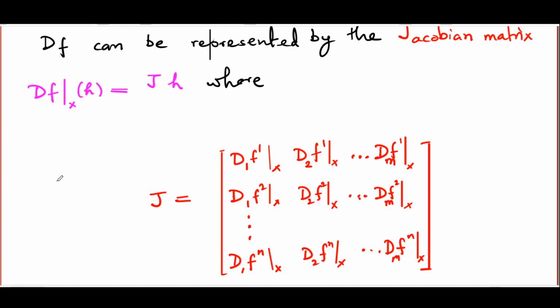Of course, you may be more familiar with the Jacobian matrix written in the form where the elements are del f1 del x1, then del f1 del x2 and so on, del f1 del xm, and then all the way down to del fn del x1 to del fn del xm. But as we have just pointed out, this notation means exactly the same thing, and this is the notation that we prefer to use in this course.